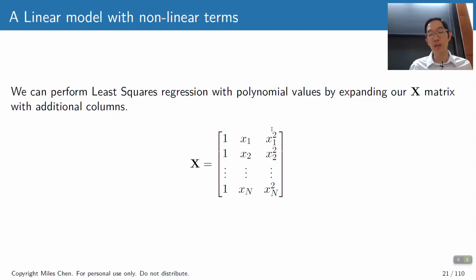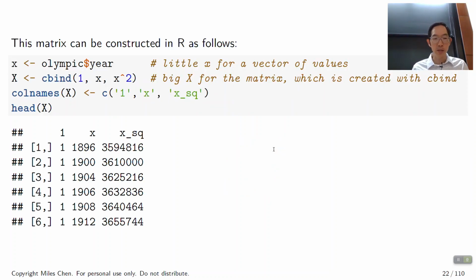It's just that this third column is related to the second column in that it is this second column value squared, okay? But effectively, it's still a linear model because we're just taking the different pieces and adding them together after multiplying them by a constant. Okay, so if I were to do this, I can just take a column of ones, a column for X, and then I'm going to take my X values and square them, okay?